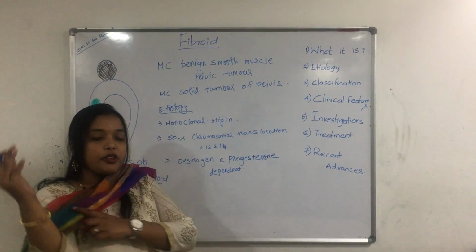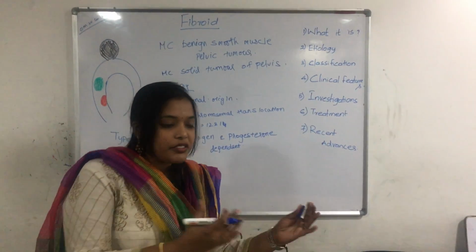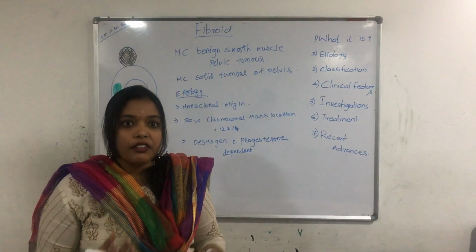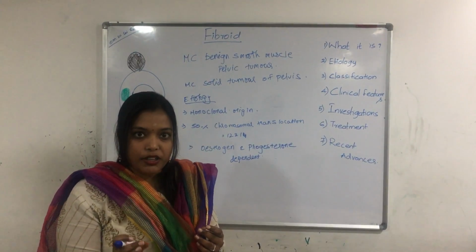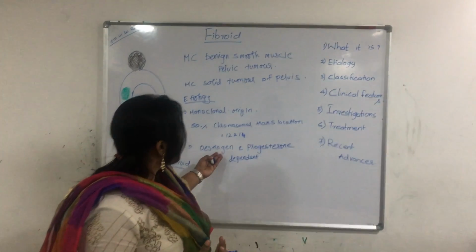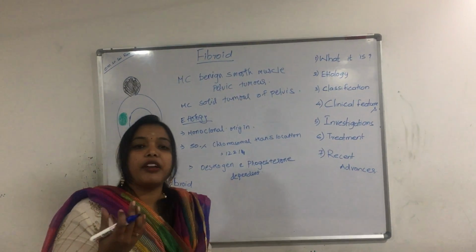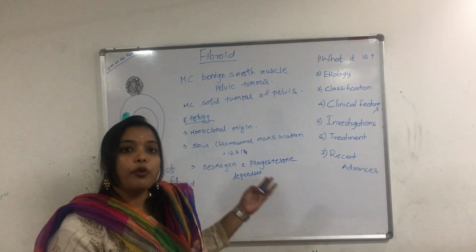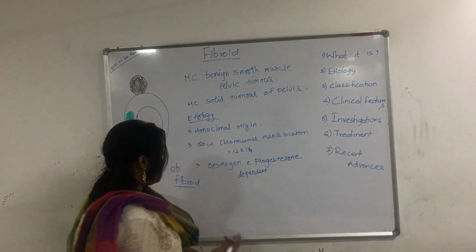Now for MCQ purposes, most of the time we can't go by rote learning what the risk factors are; we should know things conceptually too. Because this is an estrogen dependent benign tumor, the conditions where estrogen is higher make patients more prone to fibroids.